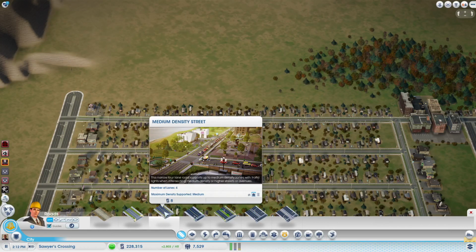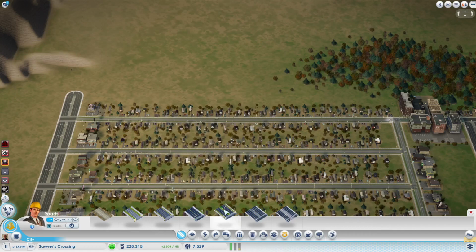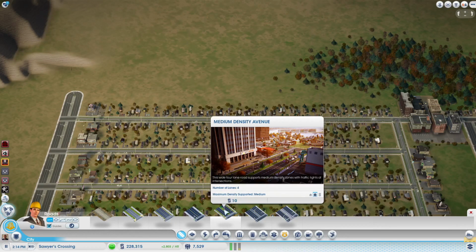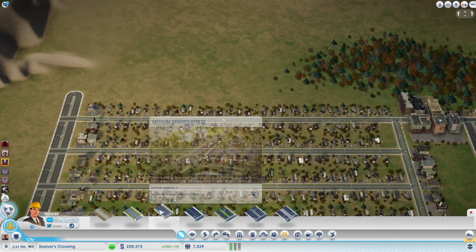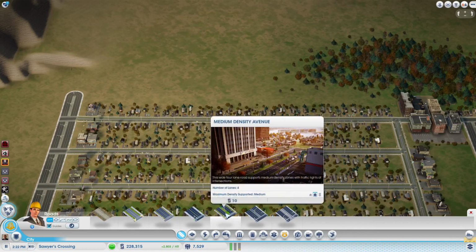You have medium density street and you have medium density avenue. Depending upon how your city is behaving and reacting to the changes that you've made, you can have either low density or you could have medium density on a medium density avenue.